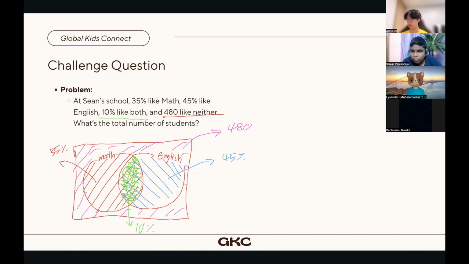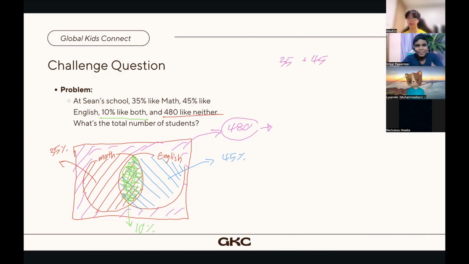So we are actually given every piece of information that we need to know. First of all, we have to find what percentage 480 is in terms of the total population. We are given that math is 35%, English is 45%, and both is 10%. So you may think, okay, for students that like math or English, we just have to add up 35 and 45.